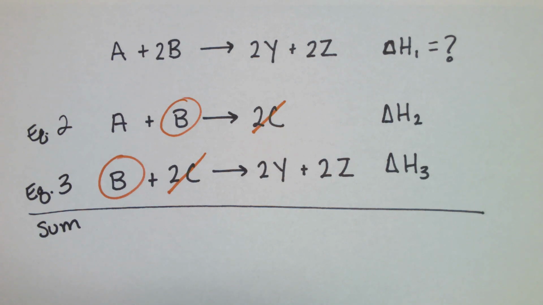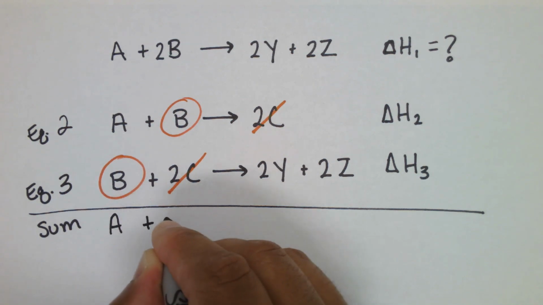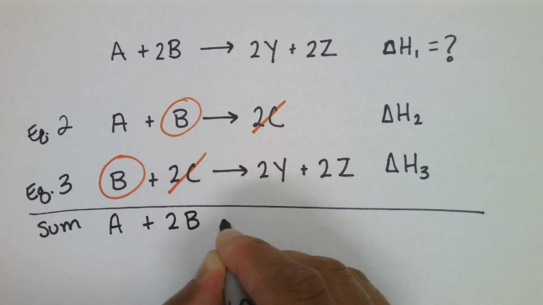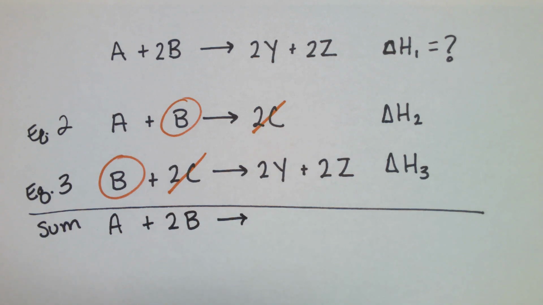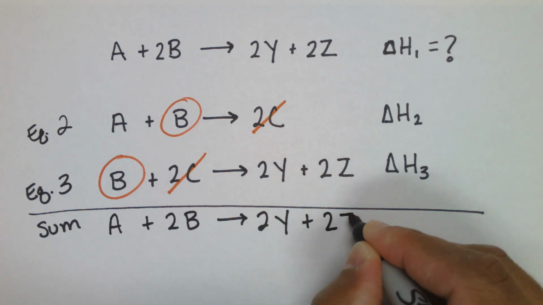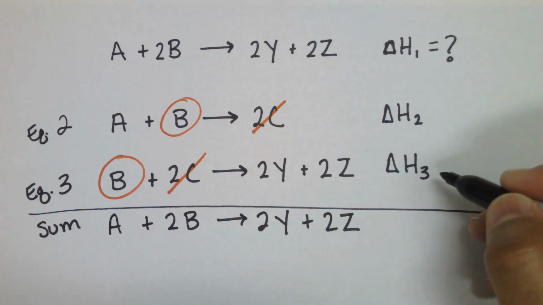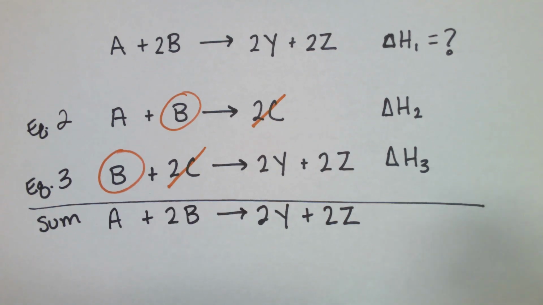Since enthalpy is a state function, we can simply sum the equations. Notice the net equation is the same as my original equation. And since enthalpy is a state function, we can simply sum the delta H's.